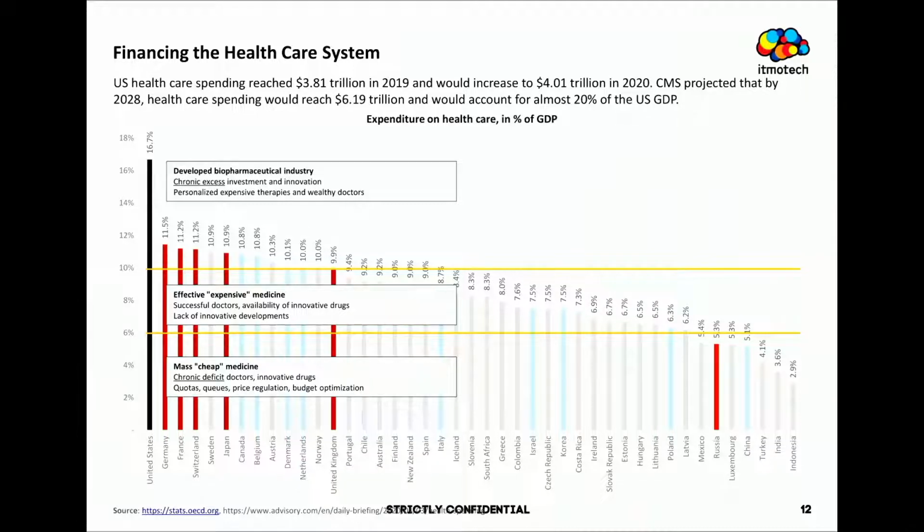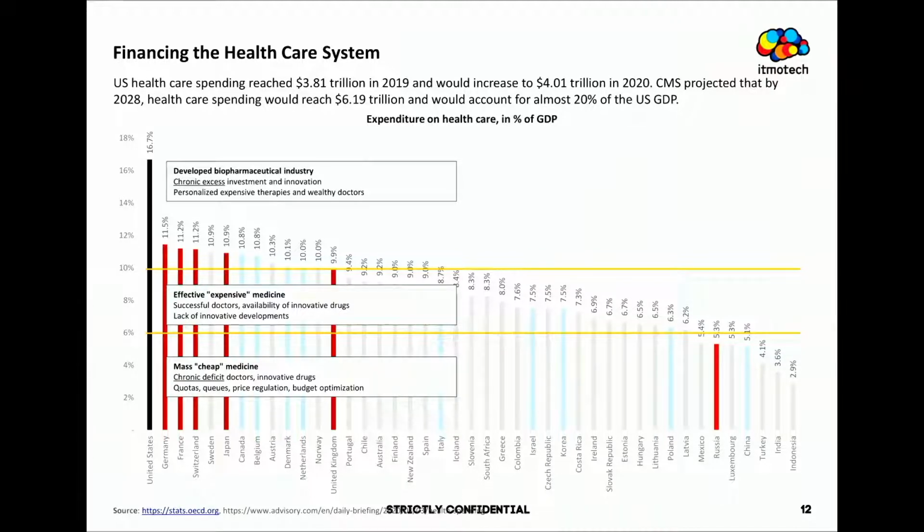Anyway, there are other countries, and on average in the European countries, we see that 7 to 9% of GDP is devoted to healthcare. And these are countries which have very efficient healthcare systems, but they are not the leaders in the world of creating drugs, of developing drugs.